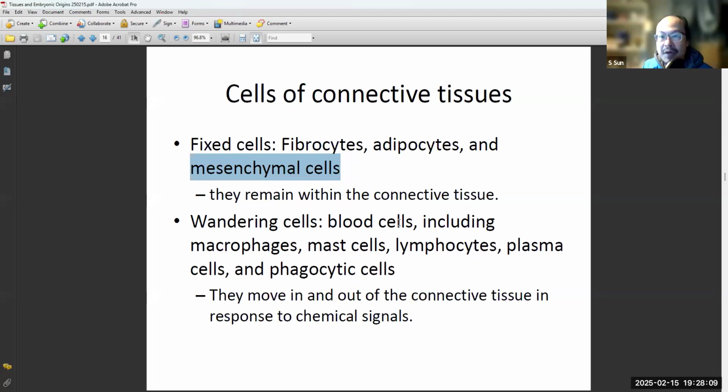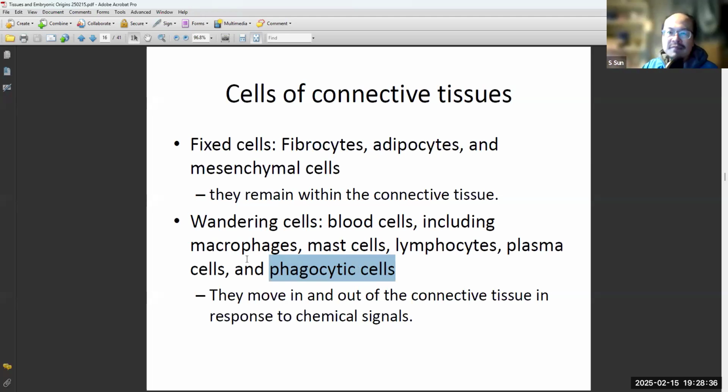cells. The blood cells include the macrophage, leukocytes, mast cells, lymphocytes, plasma cells. All these are basically white blood cells in a way, and phagocytic cells, phagocytes, macrophage.